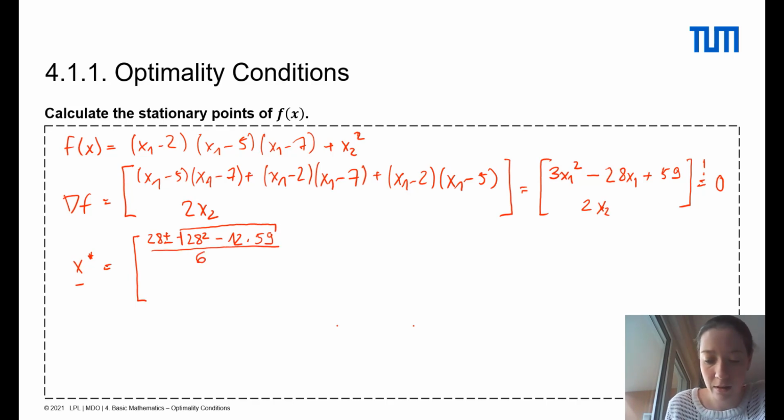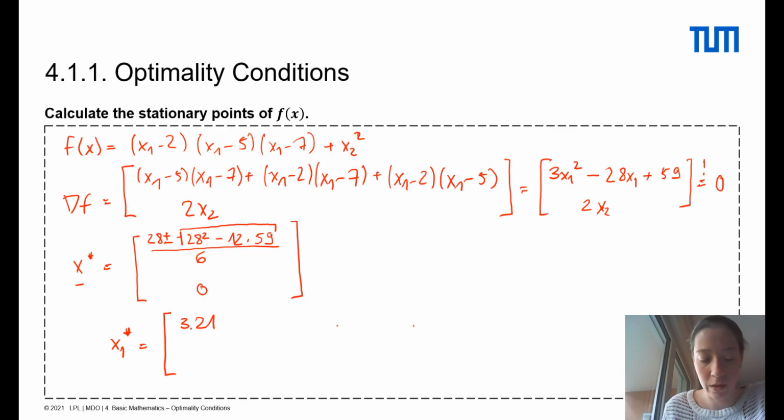Here we have plus and minus, and therefore we get two optimal candidates, so two stationary points: x1 star, which is 3.21 and 0, and x2 star, which is 6.12 and 0.